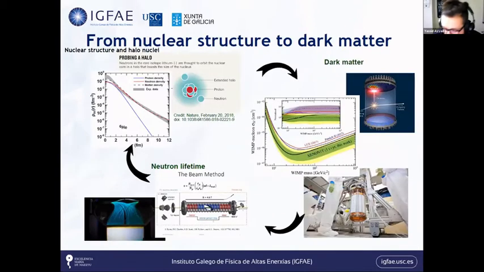There is a clear motivation to study this from the low energy nuclear physics standpoint, but there's also a bigger motivation that links together other scientific disciplines, such as nuclear structure, but also dark matter and neutron lifetime. Even though this is a very exotic scenario, at the same time it brings visibility to other communities about what we do.